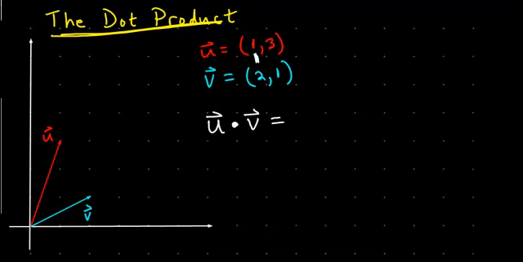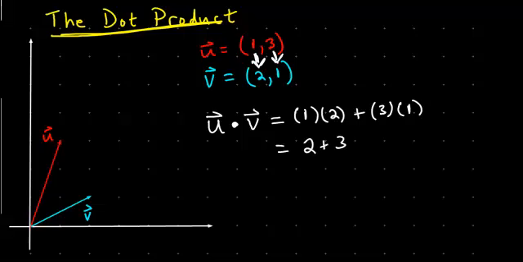Do the x direction times the x direction, 1 times 2, plus the y direction times the y direction, 3 times 1. That's going to equal 2 plus 3. The dot product here is going to be 5. So the dot product is always the x's times the x's and the y's times the y's.